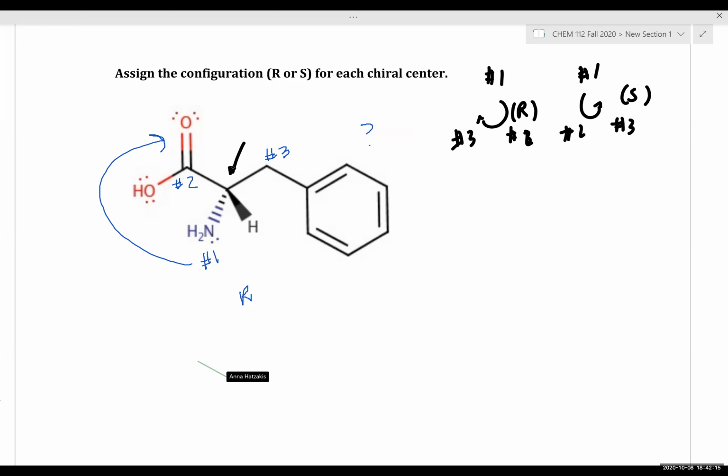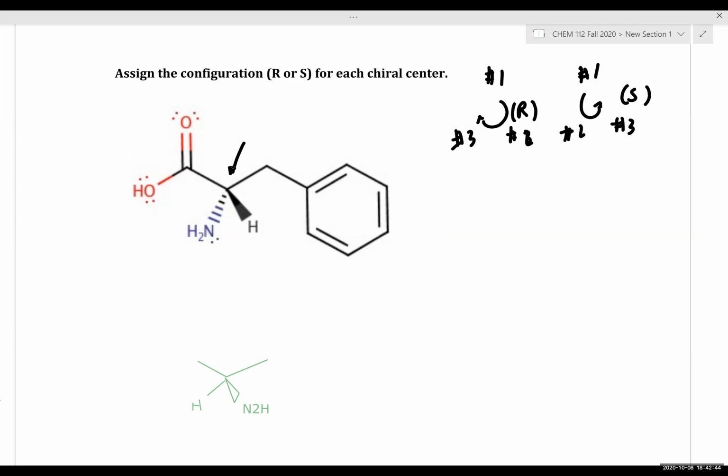In order to use the IUPAC method, your molecule first needs to be rotated so that the lowest priority group is in the back. From your assignment, your priority numbering is correct. But what I'd like you to try and do is rotate your molecule so that the hydrogen, which is the lowest priority group, is in the back.